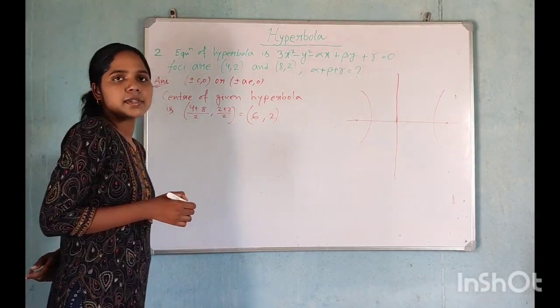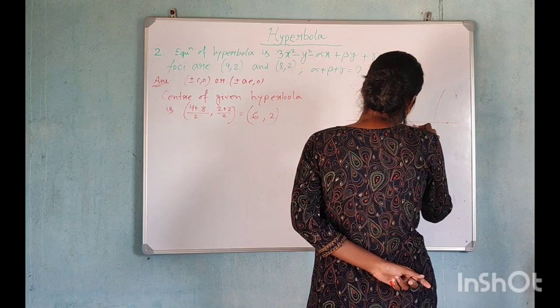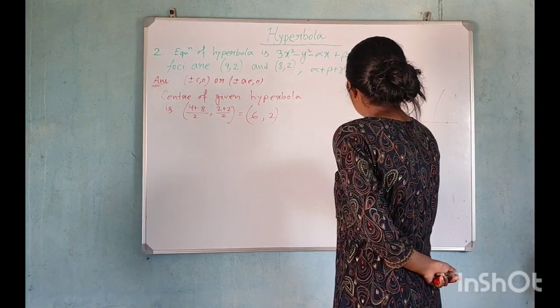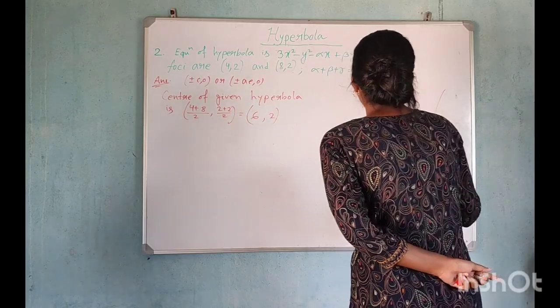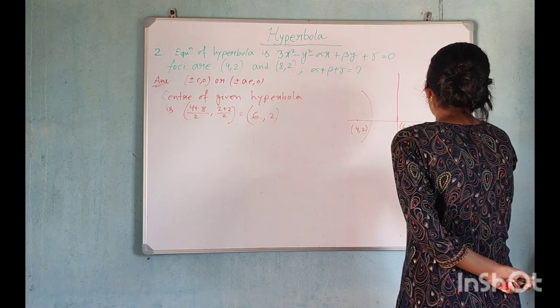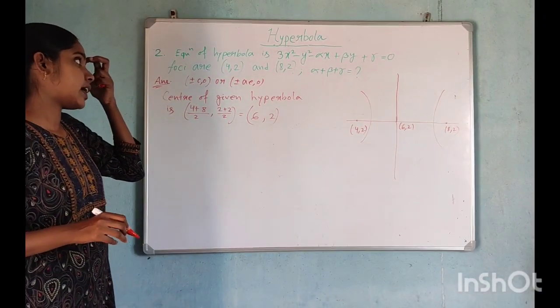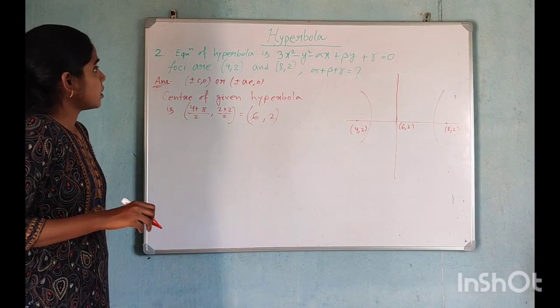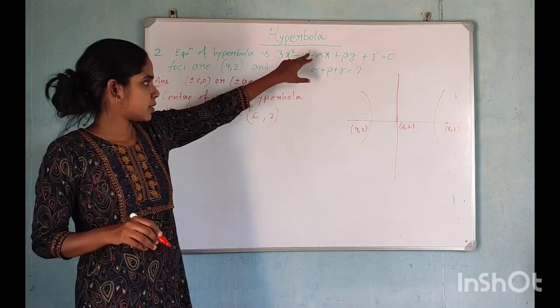So our center is basically (6, 2). This is (6, 2), this is (4, 2) and this is (8, 2). Now I have derived the center. Now we can look at this equation.